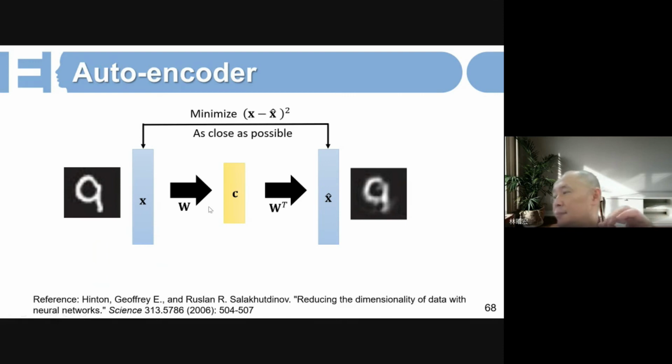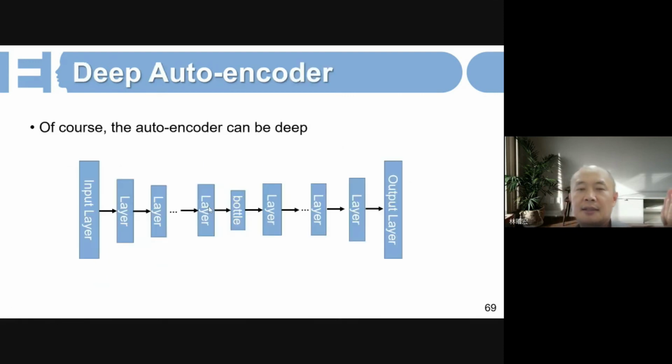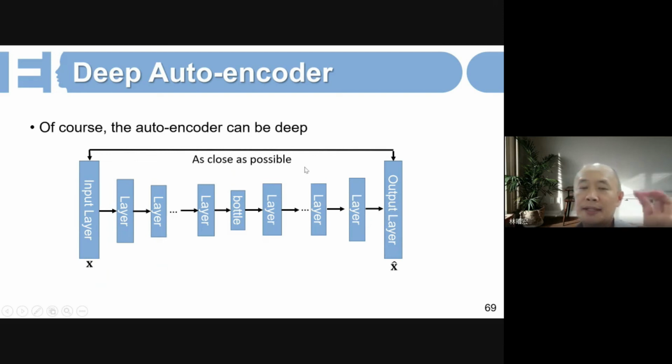I need to scale up some of the slides. They can be very deep, looking like this kind of structure. It is unsupervised learning because the loss function makes the output as close as possible to the input. So this kind of training doesn't need labels, only the input data.